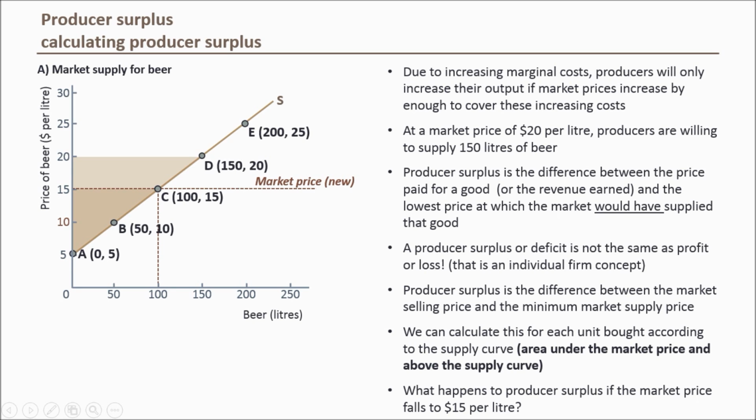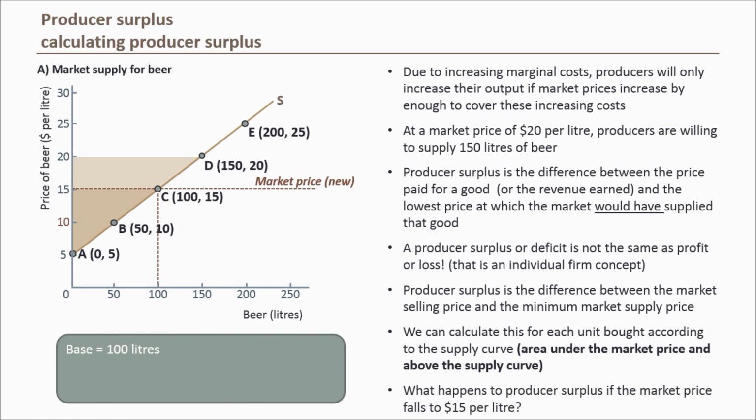To calculate the area of the triangle, we simply take half the height of the triangle and multiply this by the base of the triangle. By looking at point C, or the x-axis, we can see that the base of the triangle is 100 litres of beer. The height of the triangle is defined by the distance between the market price level and where the supply curve intersects the y-axis.